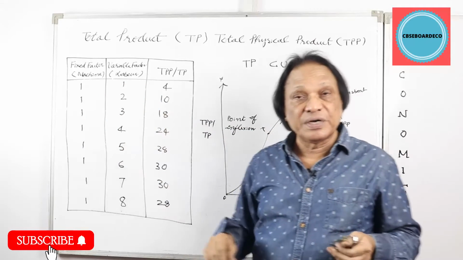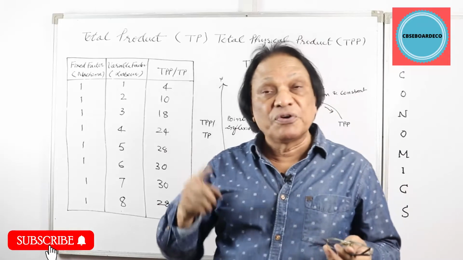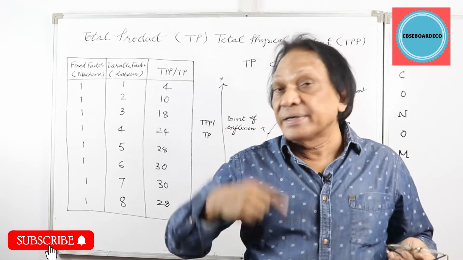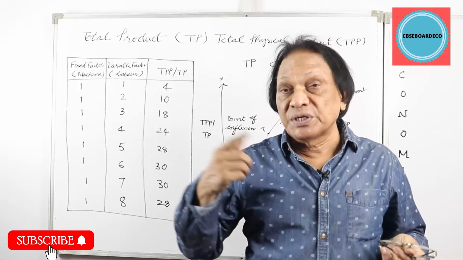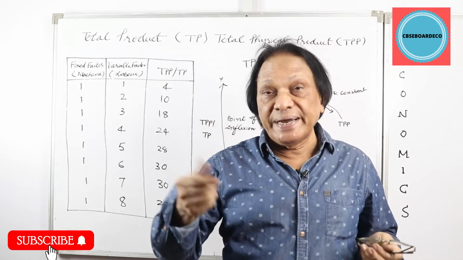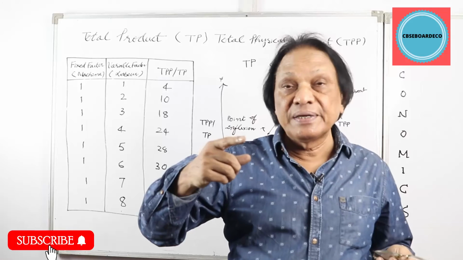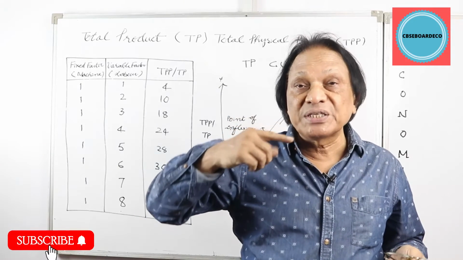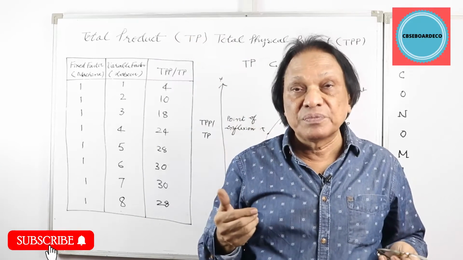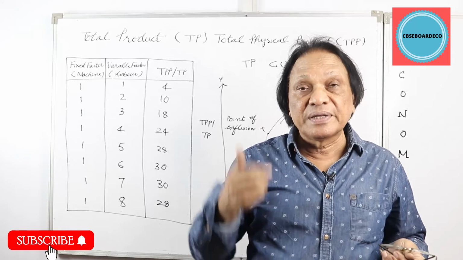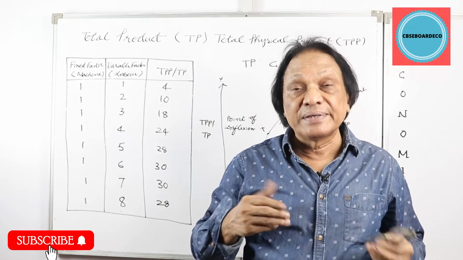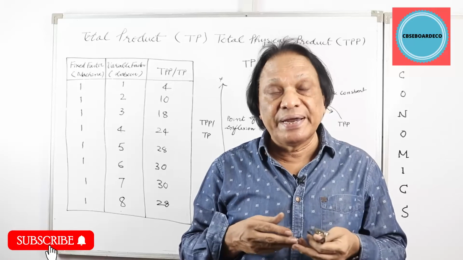When you engage the third laborer, then it has gone 4, 10, then 18, 24, 28, 30. The total product reached the maximum capacity of the firm, 30, then again 30, and then it's coming down, 28.